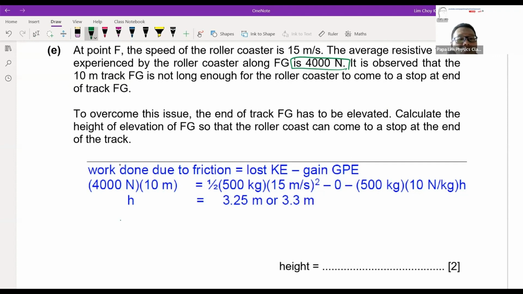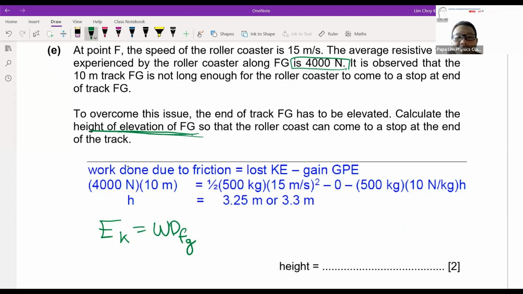So the initial energy we have is the kinetic energy at F, and eventually it will be converted to where? It will be converted along the track at the end of the track, FG. You have the work done by friction, and in the question it says there is some form of elevation, which means the track has to be raised so that the roller coaster can stop nicely at the end of the track.